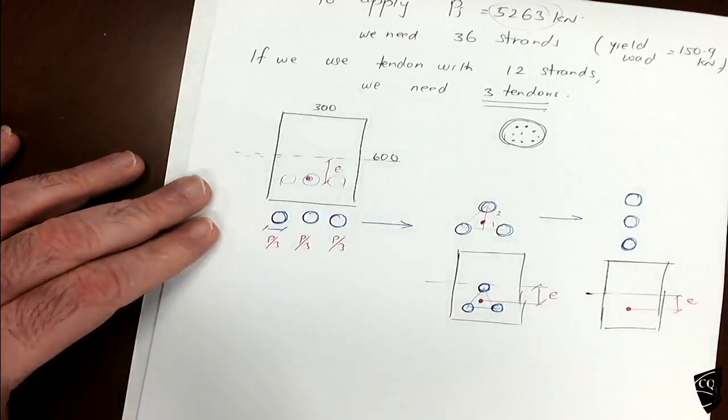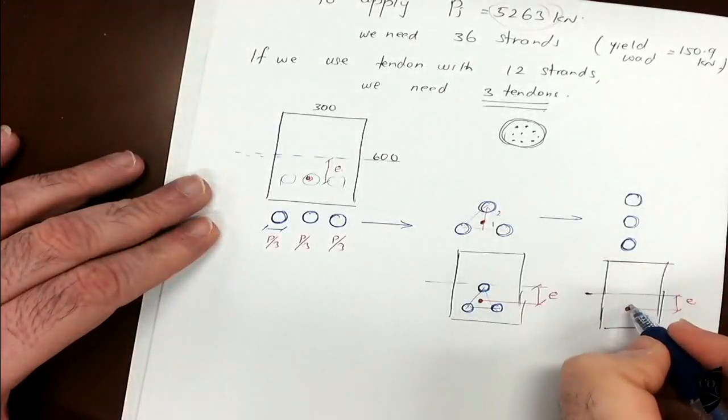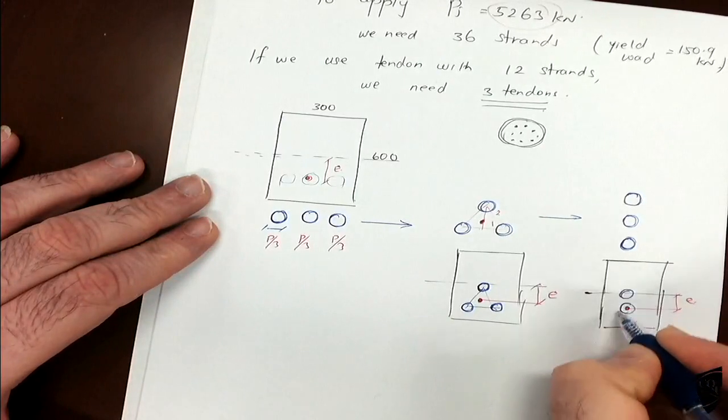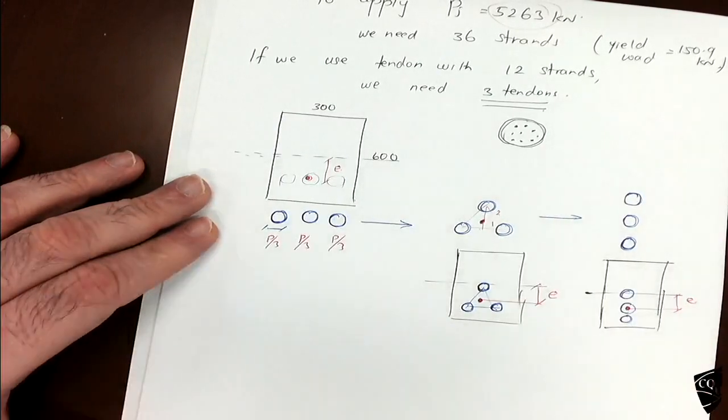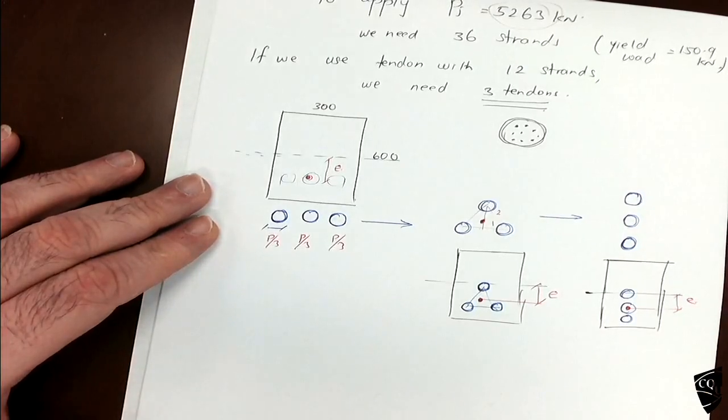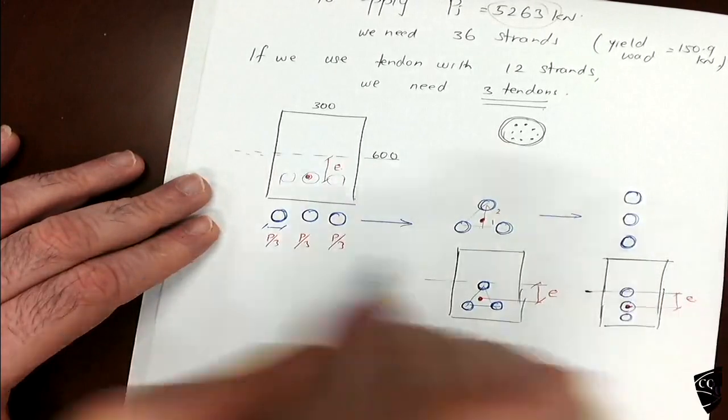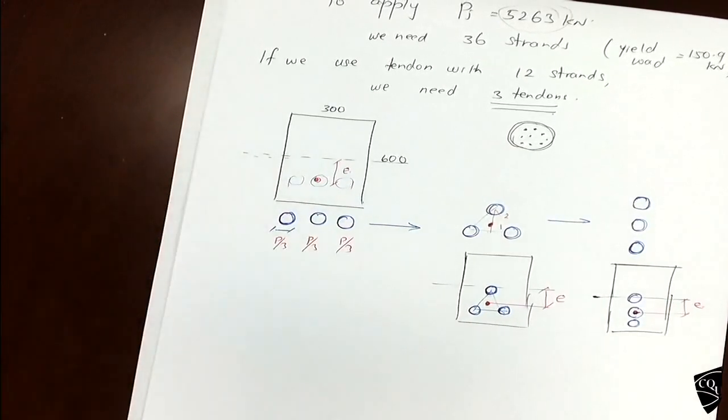So you need to provide something like that, so that the resultant will be in the middle. This is how we arrange the tendons. When you arrange the tendons, the resultant should match the eccentricity.